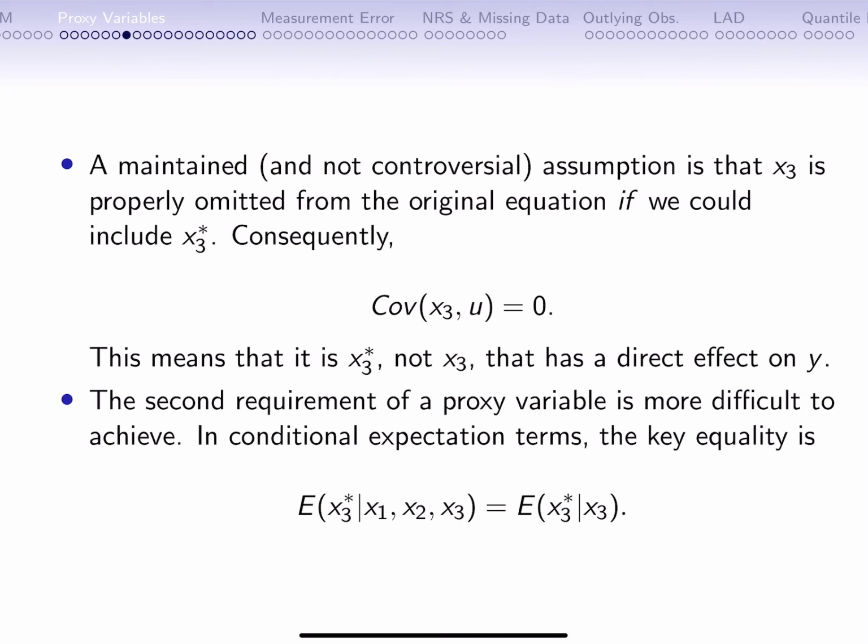Another thing to keep in mind is that we want the correlation between x3, which is our observed variable like IQ, and our error to be equal to 0. And it is only the unobserved variable that has a direct effect on y, and not the observed one.